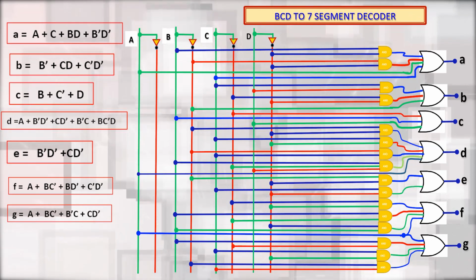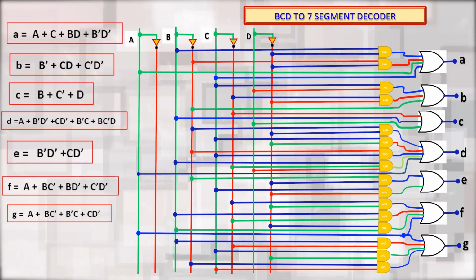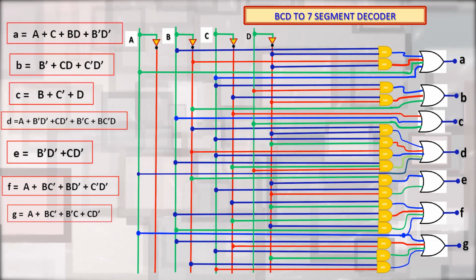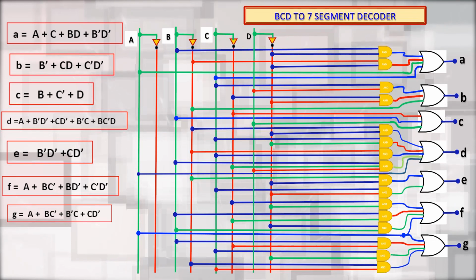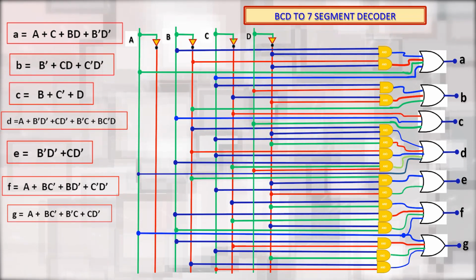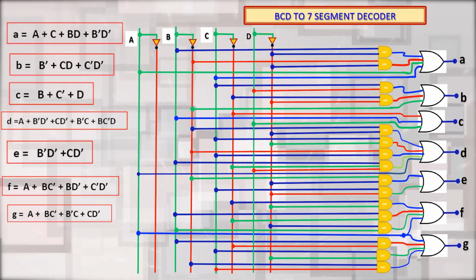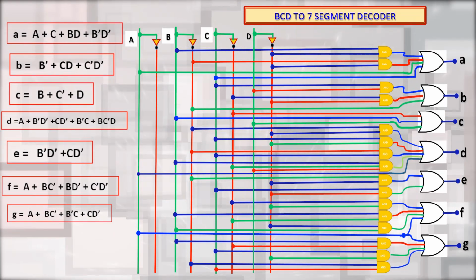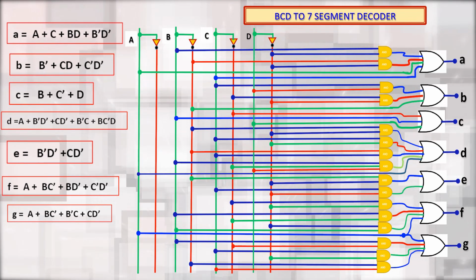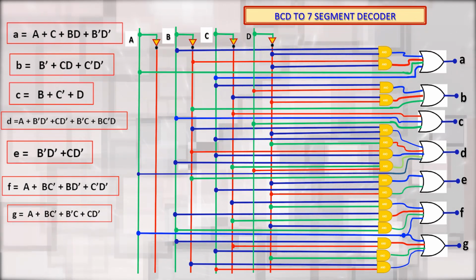Now, moving to segment F. For segment F, we will be needing an OR gate and that OR gate should have 4 inputs. So, for this 4 input OR gate, we will be connecting first input A directly, then inputs C bar and D bar are first connected to the AND gate and the output of this AND gate is connected to the OR gate.